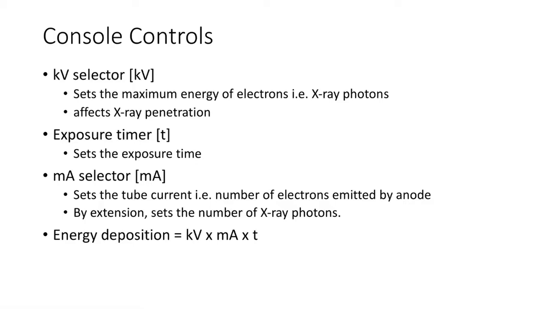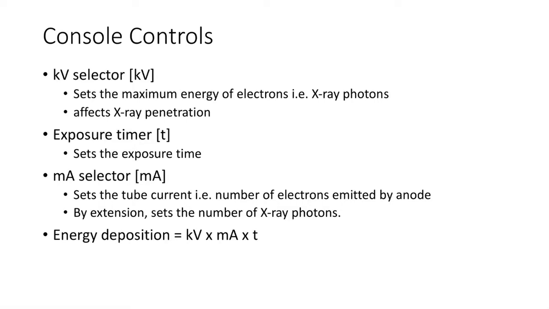But remember, the more energetic the electrons are, the more energetic X-rays we're going to produce. So effectively, our KV selector is where we decide the kind of electrons we want, the kind of X-rays we would like to produce.